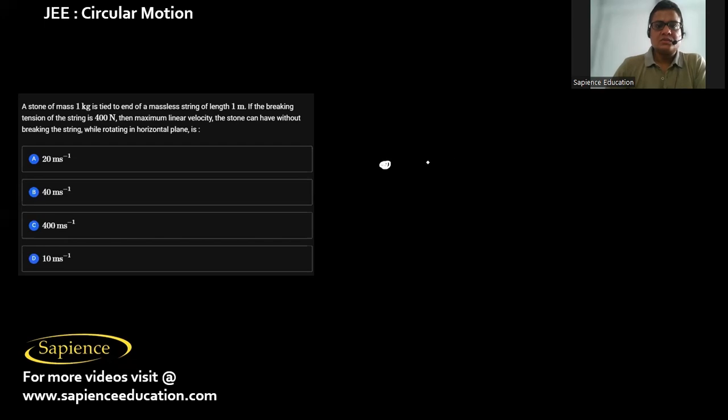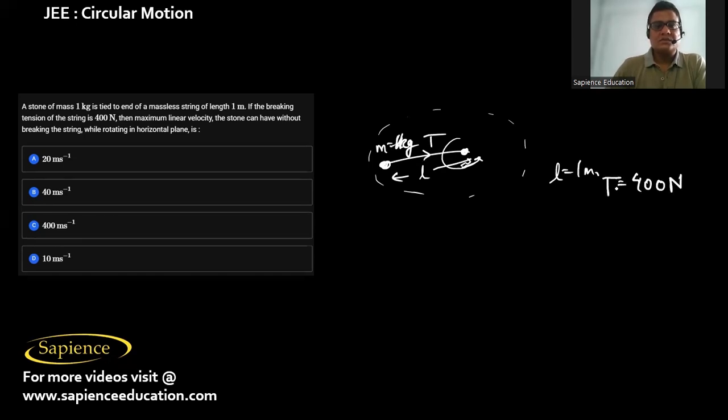So suppose the stone is rotating in a horizontal plane, and the mass is 1 kg, the length of the string is 1 meter, and the breaking tension is 400 Newton.